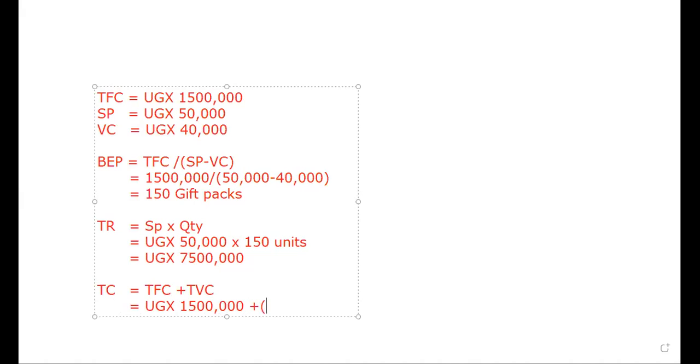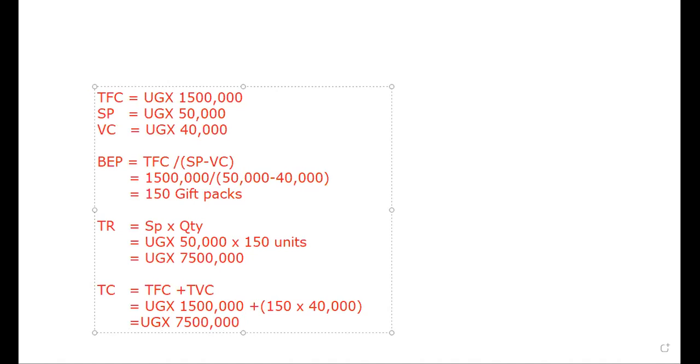Total variable cost here is 150 units multiplied by 40,000, which is 6 million. If you add them up, 1.5 million plus 6 million, again the same answer comes: total cost UGX 7.5 million. Right, so this is the second question's answer.